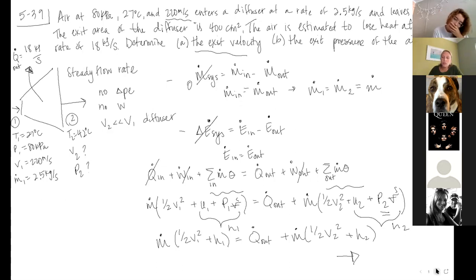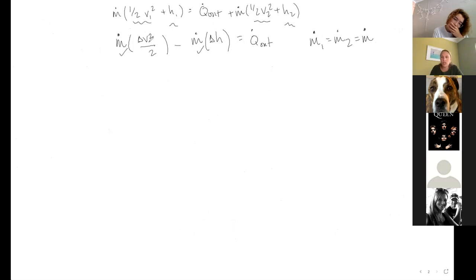So we can assume that this entire change in velocity is our velocity of 220 meters per second. We're essentially taking all of the velocity out of this air, diffusing it until it's just kind of stagnant-ish air. That's the point of the diffuser. So we know our change in velocity. We're given Q out. So the only thing that we don't have in this problem is enthalpy.